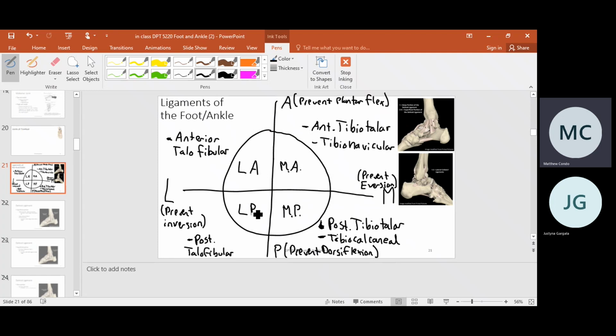And then the last one I'm going to draw in, I'm going to put a big asterisk with it because it's going to be really close to the midline, even though it's in the lateral posterior compartment, and that's going to be the calcaneal fibular ligament.